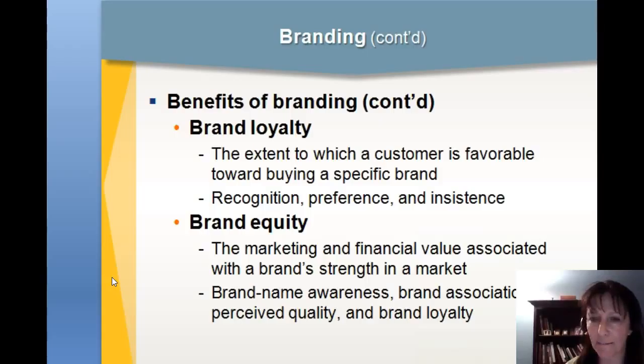So if Nabisco were to sell off the Oreo brand to some other company, for example, they would be looking at how profitable Oreo cookies are, but they'd also be looking at what exactly the brand itself is worth. Nobody can call something Oreo now except for Nabisco, but to be able to call something Oreo has some value associated with it because, again, you can bring new products to market and so on and so forth. So just owning the brand has value in and of itself because of brand name awareness, perceived quality, etc.